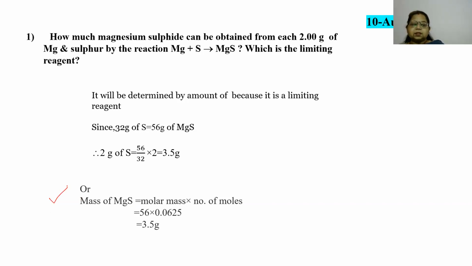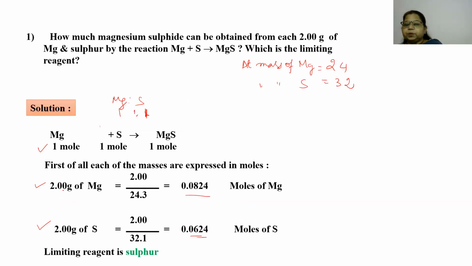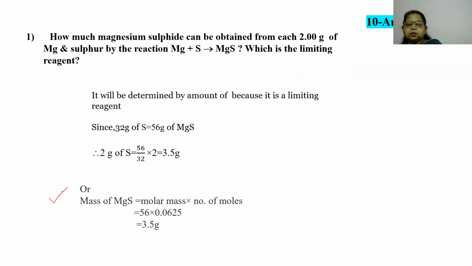Take the molar mass as 56, multiply it by the number of moles as you have found it to be, 6.24 or 25 rounding up. You can choose either of the ways to solve this problem. Else you can apply the unitary method: 32 grams of sulfur produces 56 grams, so 2 grams, which was given to you, will produce how much? Is it clear now?